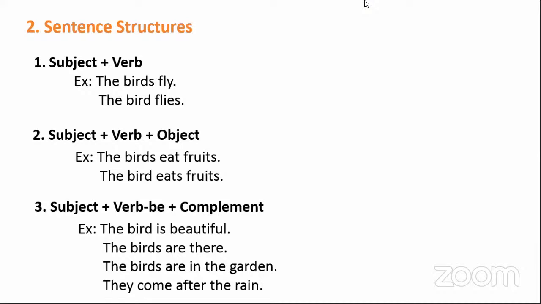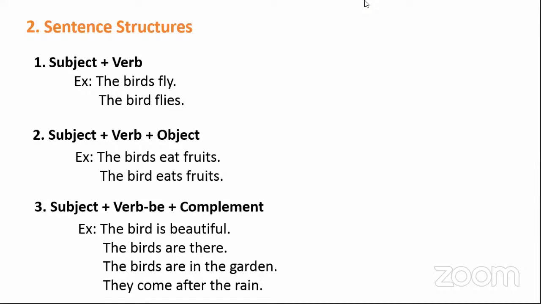So remember that normally you make mistakes when writing the verb according to the subject. So the birds, plural subject, so it takes the plural verb, fly. The birds fly. So if I take the singular subject, the bird, so the verb should be flies. The bird flies and the birds fly.